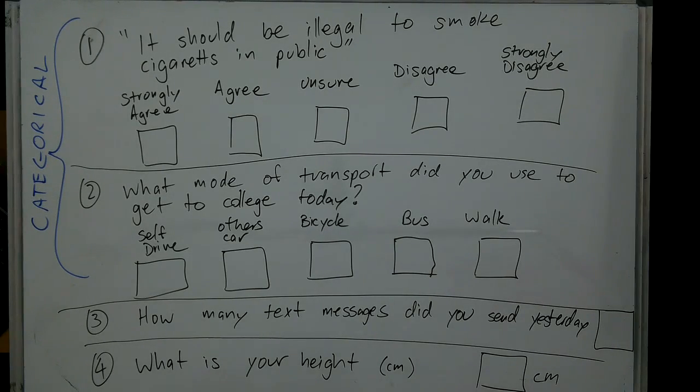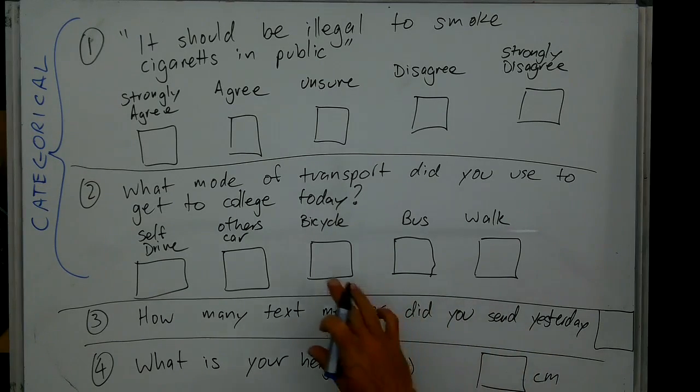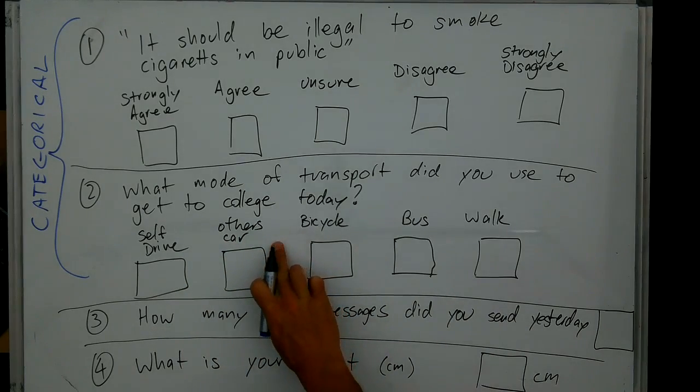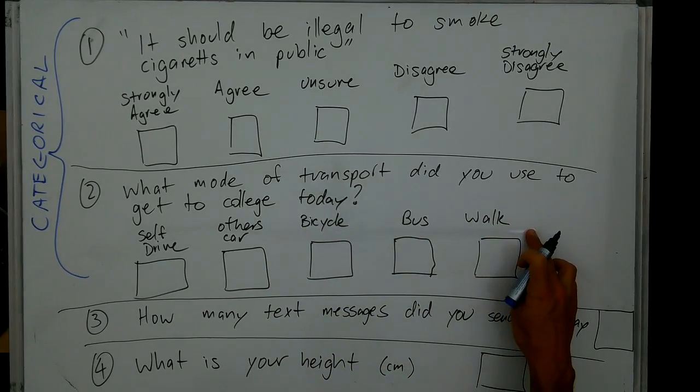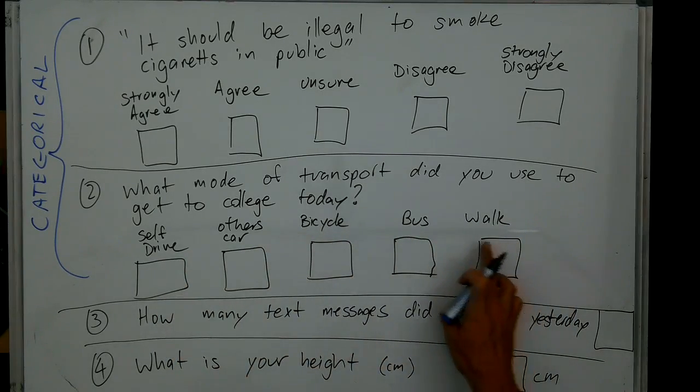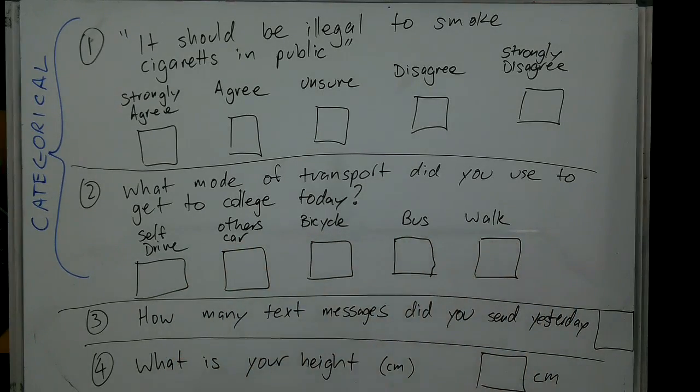Now, to further split them up. Self-drive, other's car, bicycle, bus, walk. These are just named categories. I suppose we could order them in how fast they went, but we're not really interested in that.